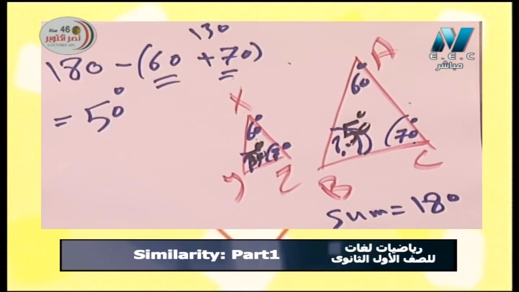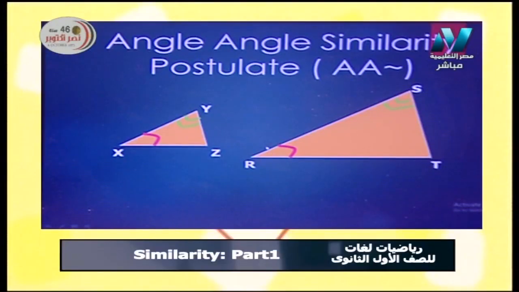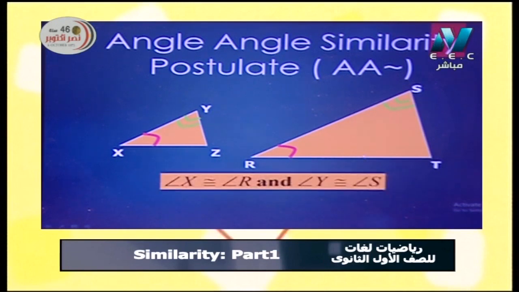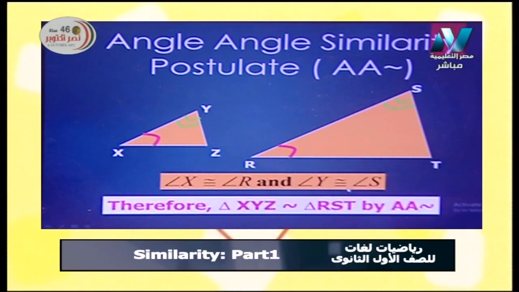Okay, so the two triangles in this slide will be similar, because it's enough to say that two angles equal the two other angles. Yes, measure angle X is congruent to angle R, or measure angle X equals measure angle R, and angle Y corresponds to angle S, or measure angle Y equals measure angle S. Therefore, of course, triangle XYZ is similar to triangle RST.